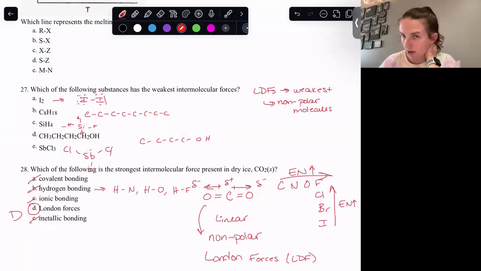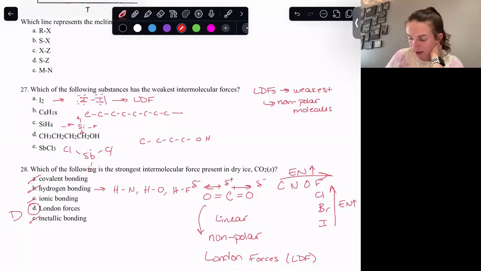Is there any difference in electronegativity, hydrogen bonding? What's going on here? Yep, this is just London dispersion forces.